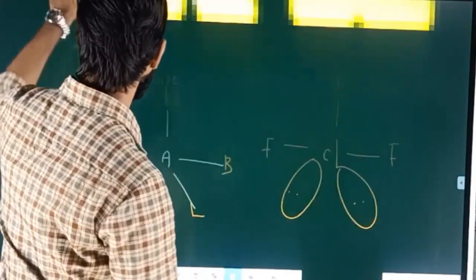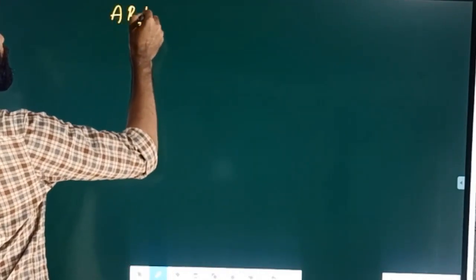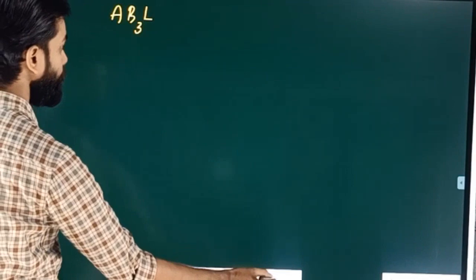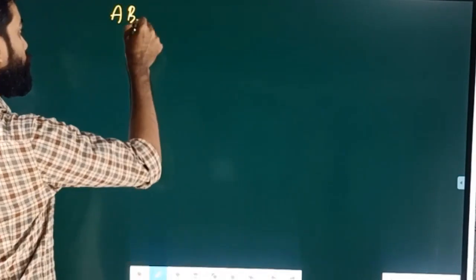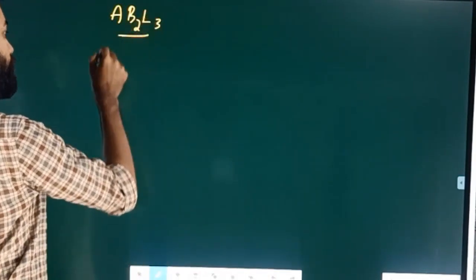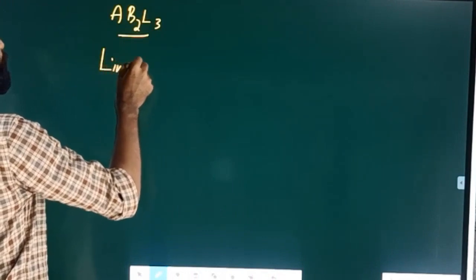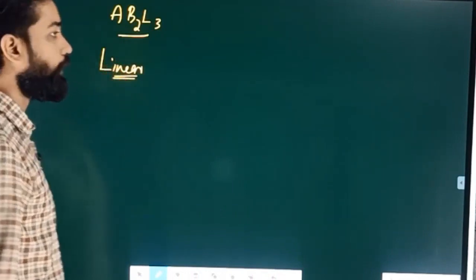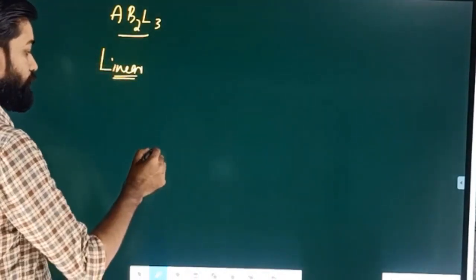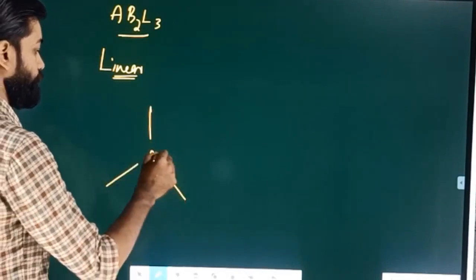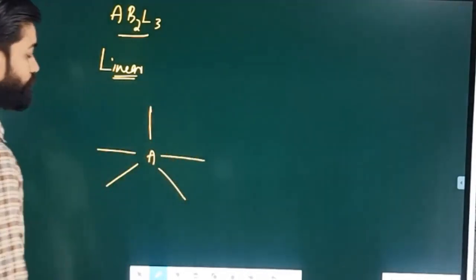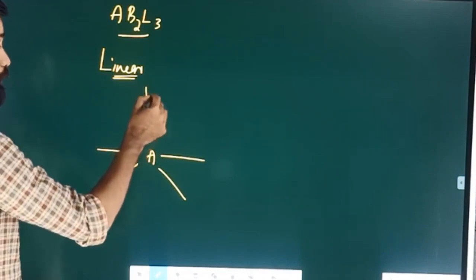Ready? Moving to the next, AB2L3. AB2L3 has a linear shape. That linear shape is like this. A is here. So you want to introduce three lone pairs.